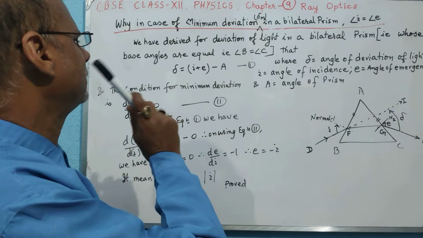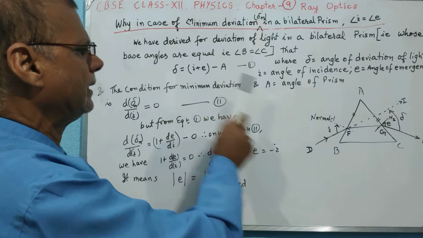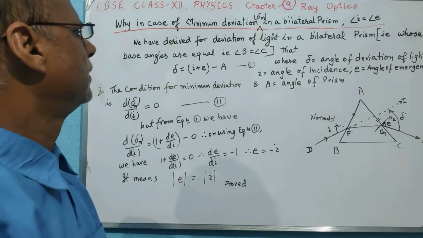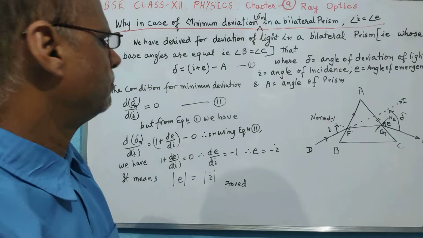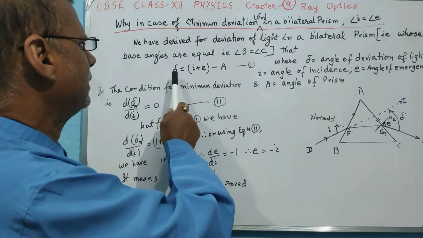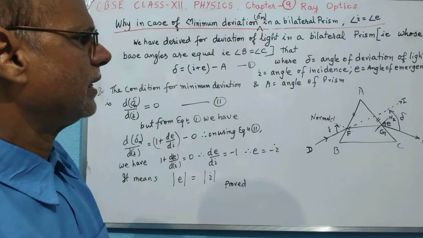So what are the variable things? Whenever we vary the angle of incidence, correspondingly the angle of emergence will vary. So E and I both are variable, and on that depends delta, the angle of deviation.